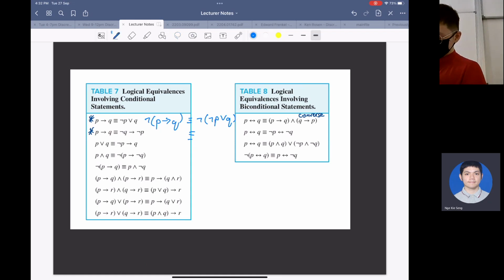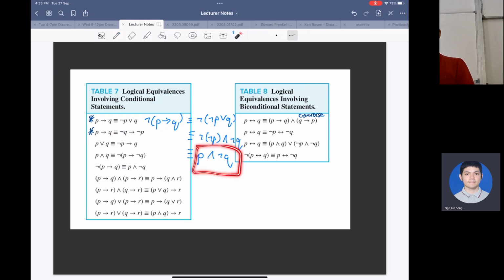So De Morgan's law. I will have not P and not Q, and then not P is what? P, by the double negation law. You see, you didn't memorize it. Did you memorize the law? You didn't, right? But you know how to use it.